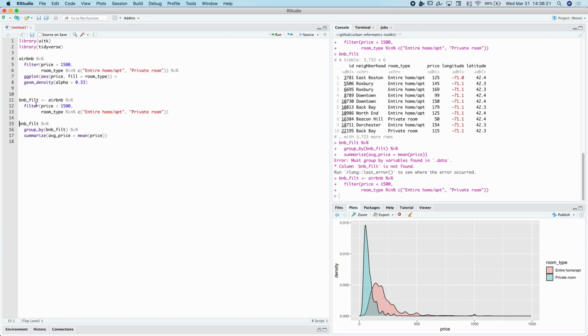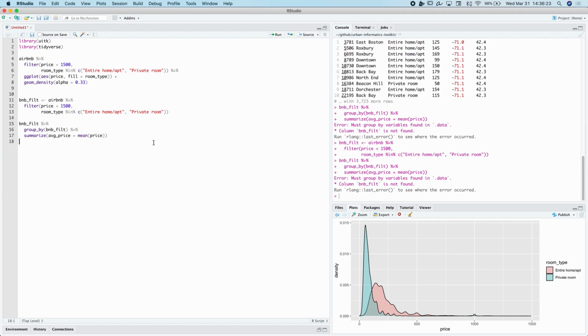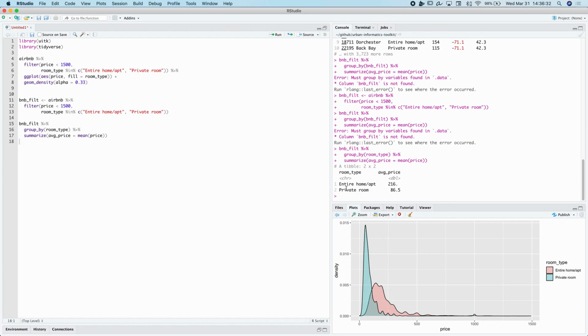You know, classic mistake, gotta save it. We want to group by room type. Okay, so now we're seeing that the average between each room type is wildly different. For the entire home and apartment, the average price is 216, and for the private room, the average price is 86.5.